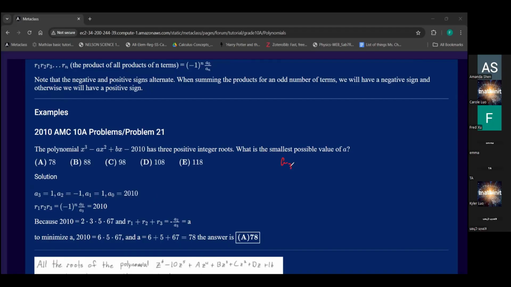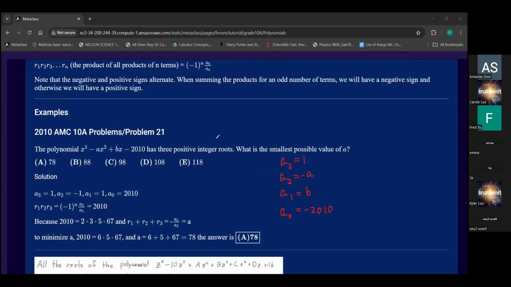So a of 3 is equal to 1, that's the leading coefficient. a of 2 is equal to negative a, and a of 1 is equal to b, and then a of 0, which is the constant, is equal to negative 2010.